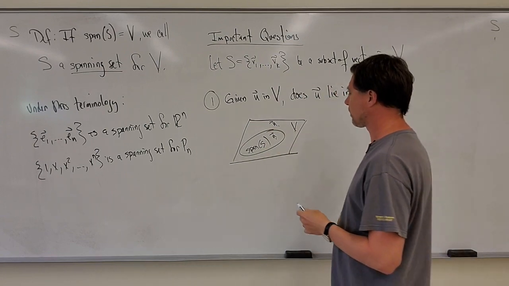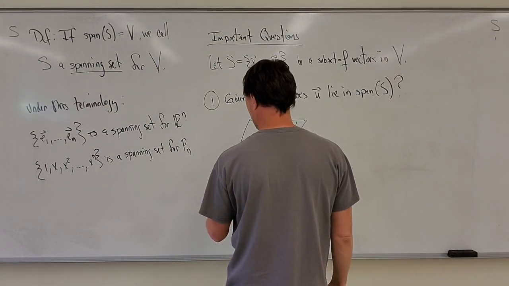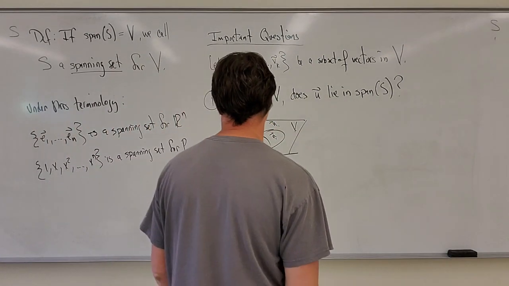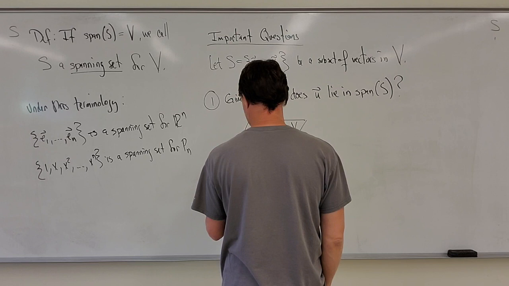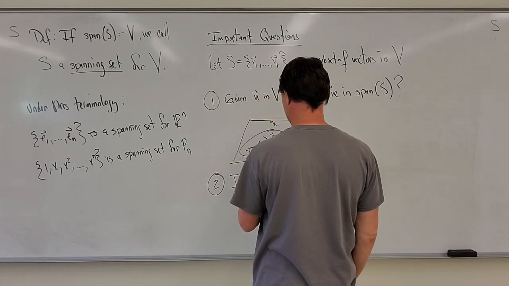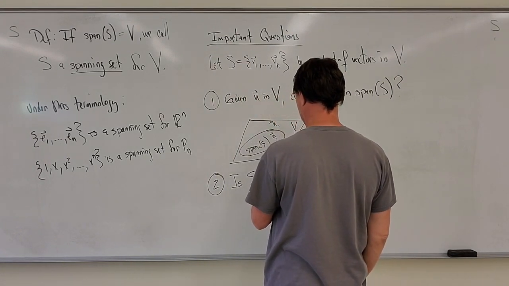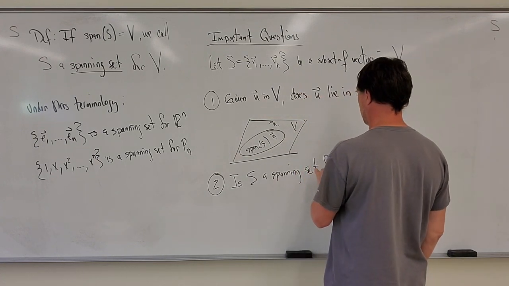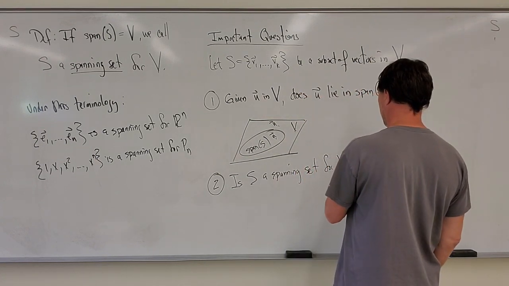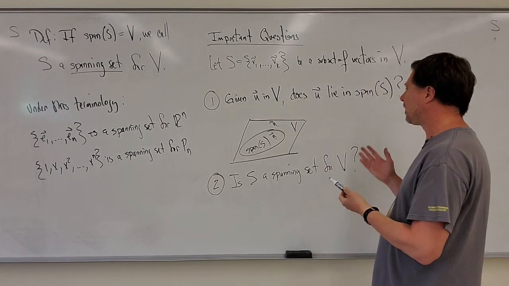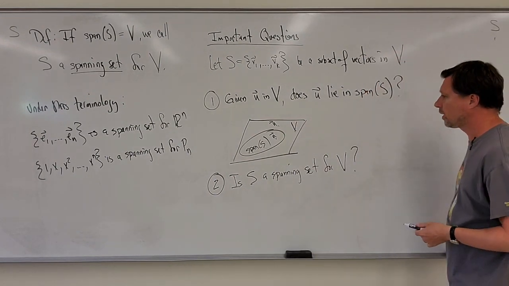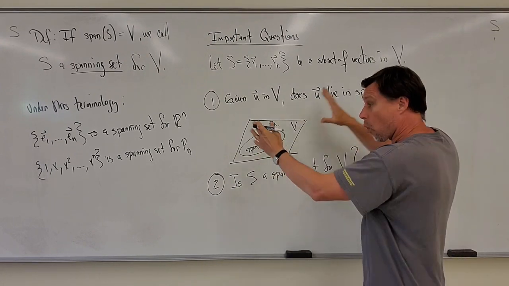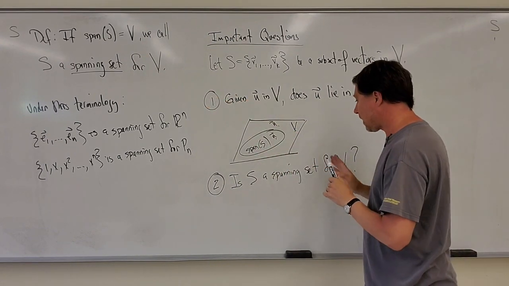All right, so there's question number one. And then question number two: is S a spanning set for V? These questions are fairly closely related. Is the span actually some smaller portion of V, or does it fill out all of V?